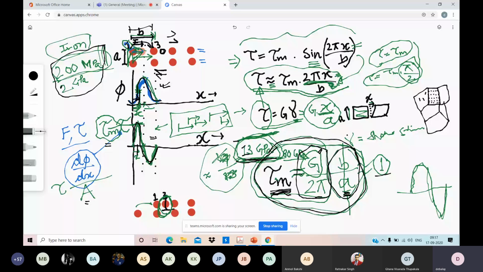So if I ask you, in application, do we need something where we do not want any dislocation to be there? No, sir. It also affects the mechanical properties.